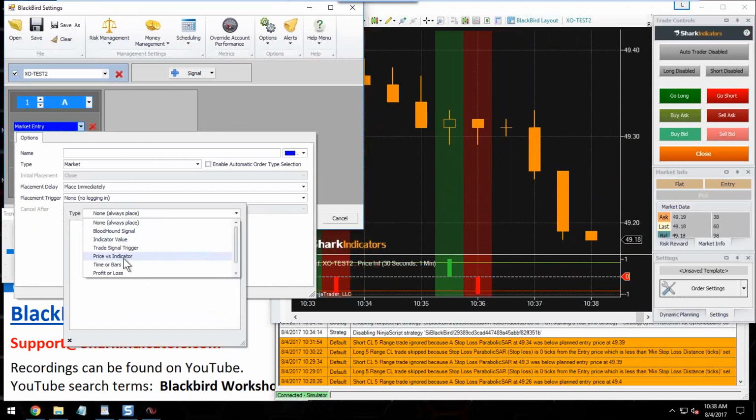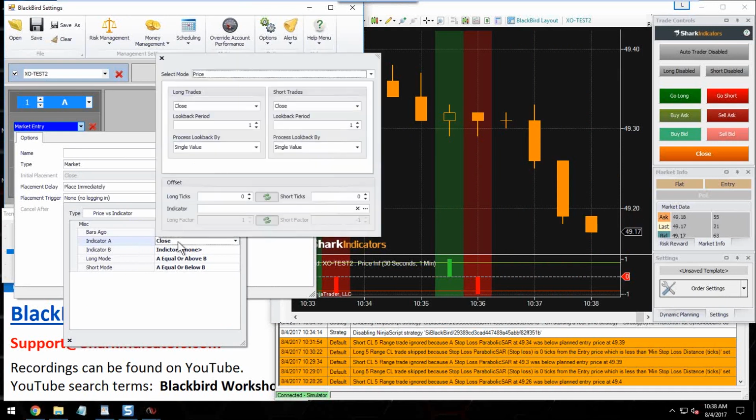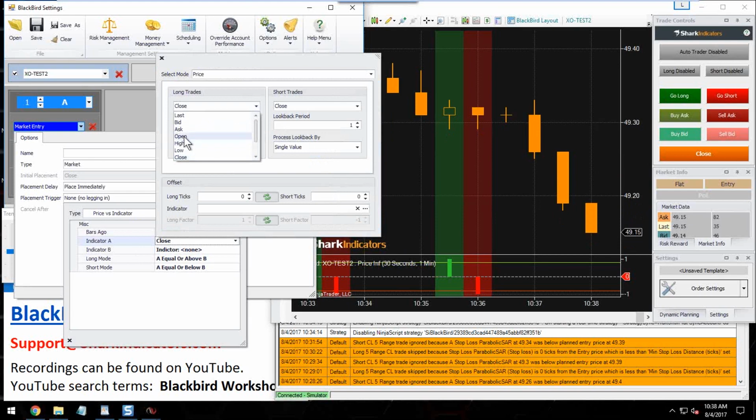So you can interchange the price and indicator as you see fit. So indicator A, or basically input A, is going to be the open of the bar.